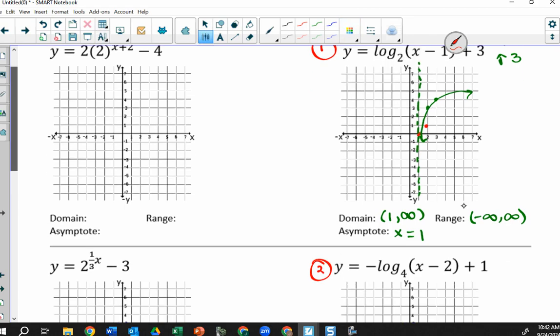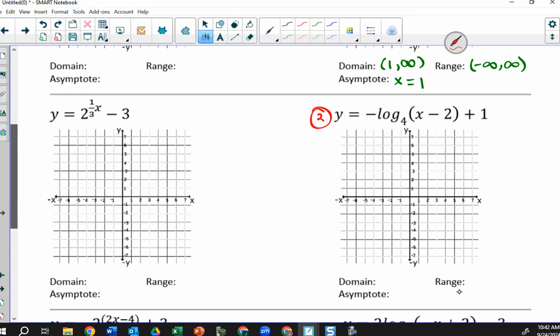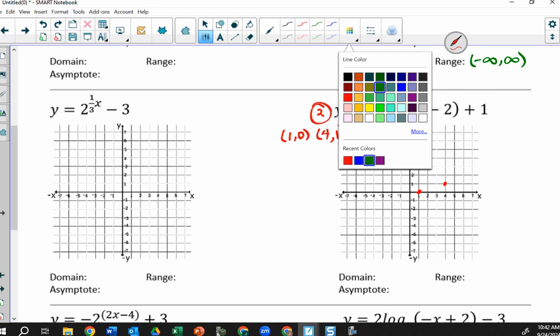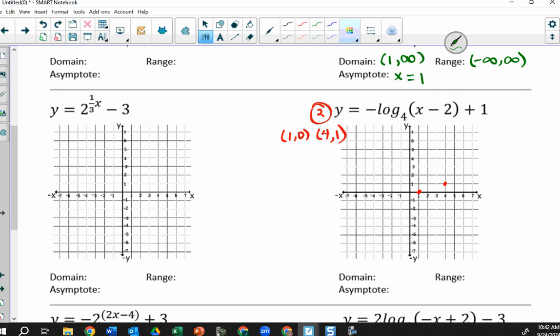Okay, let's do another log. All right, so my initial 2 points will be, I'll squeeze them in over here this time, 1, 0, and 4, 1. Everybody okay with that? Okay. 1, 0, 4, 1. Order of operations matters here when you do your transformations. Would you multiply first or would you add or subtract first? I would multiply, right?